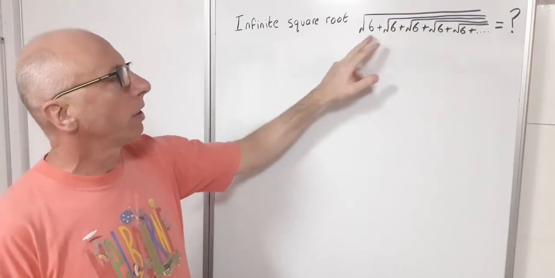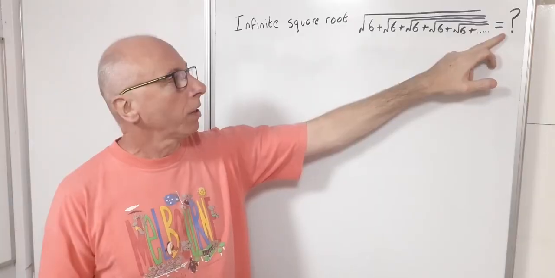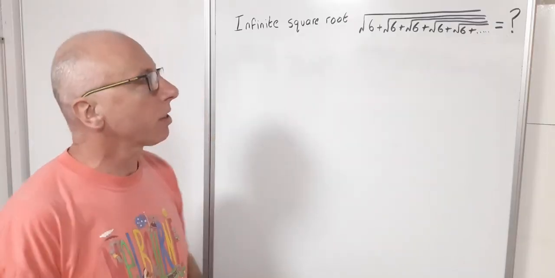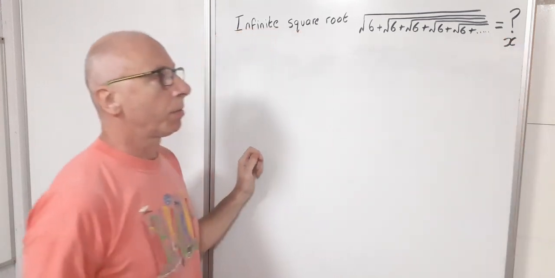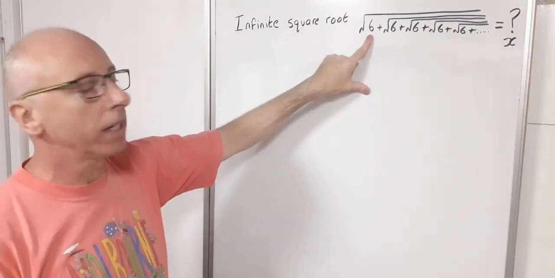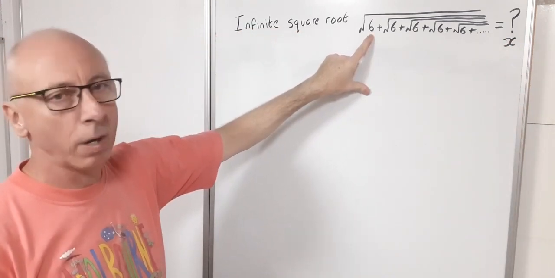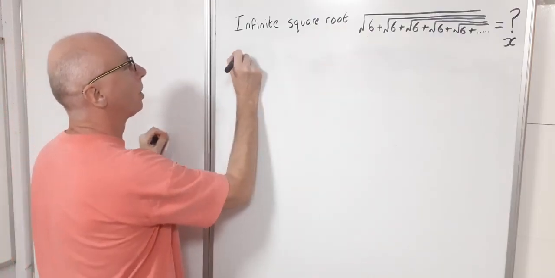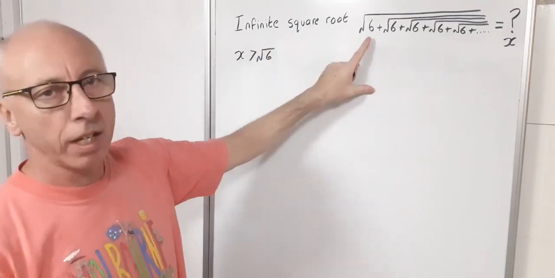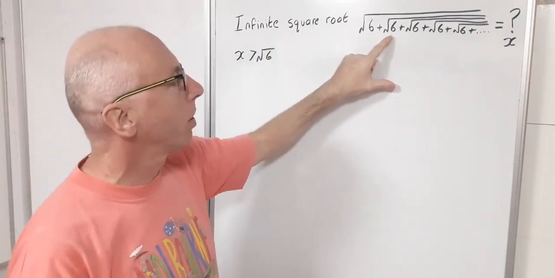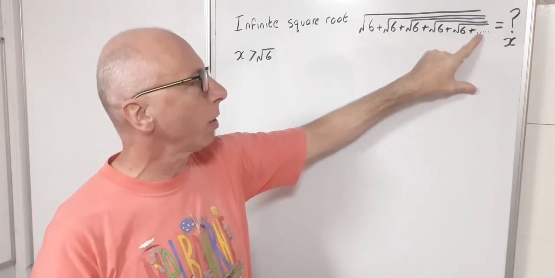Well, first of all, if we let it come to some sort of value, and let's call that x. So we know x is going to be at least greater than the square root of 6, that's for sure, because what we've got going on here is a square root of 6 plus some more stuff, which is always going to be positive.